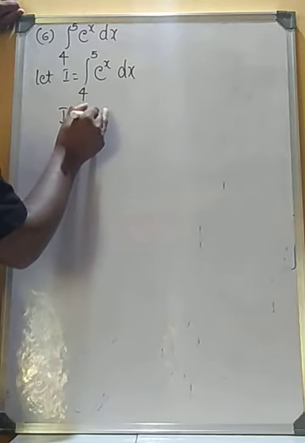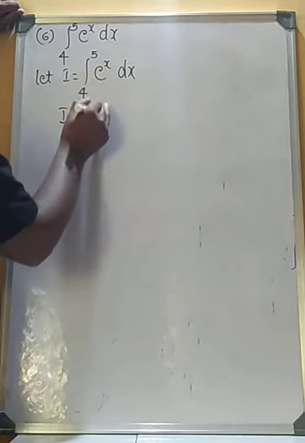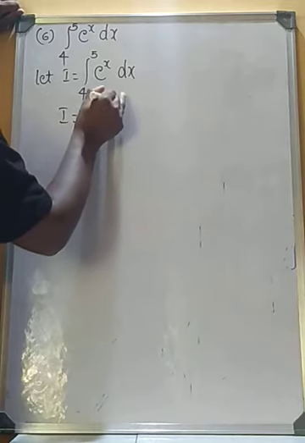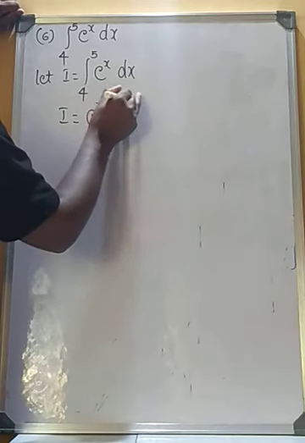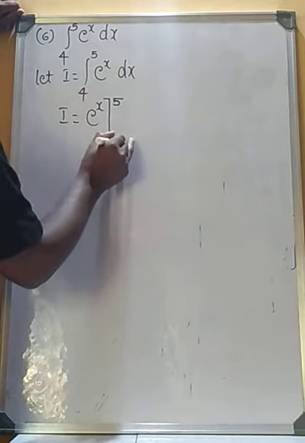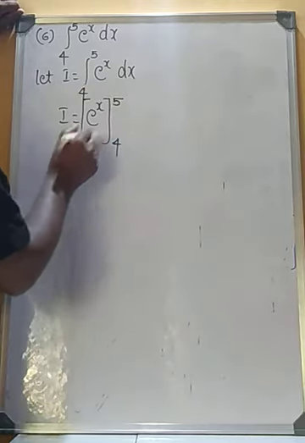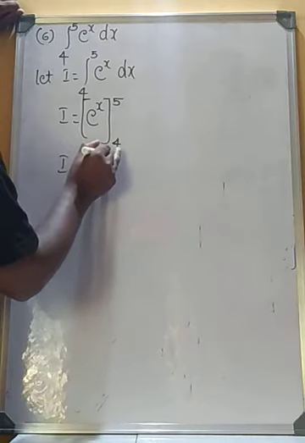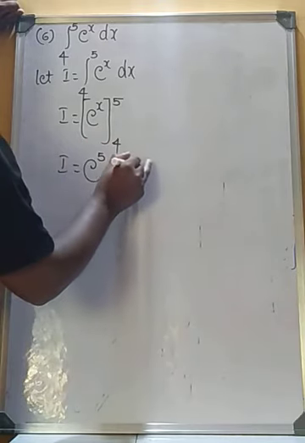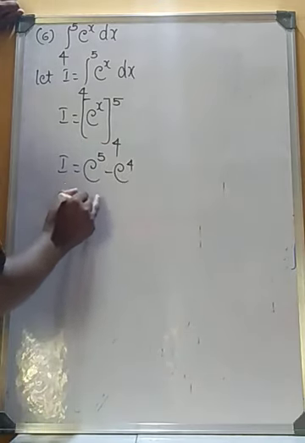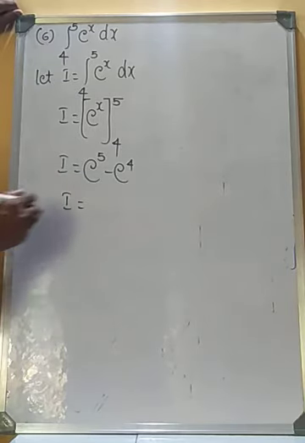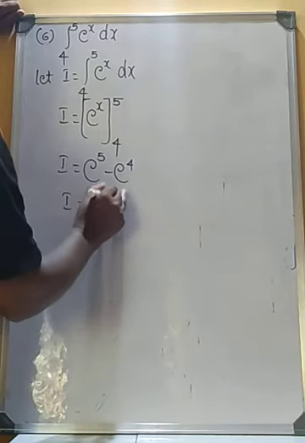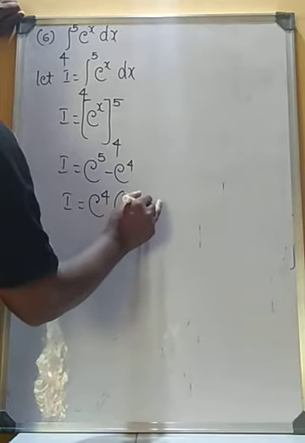Therefore I equals integral of e power x is e power x. Upper limit is 5, lower limit is 4. Therefore I equals e power 5 minus e power 4. Therefore I equals e power 4 is common, in bracket e minus 1.